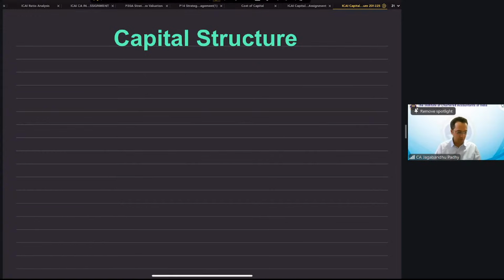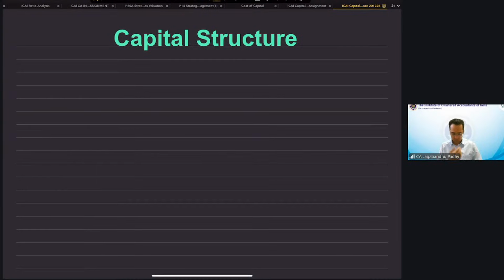So, let's understand what we mean by capital structure first. And then we will discuss how we deal with optimizing the capital structure, and what the various theoretical aspects to it are.